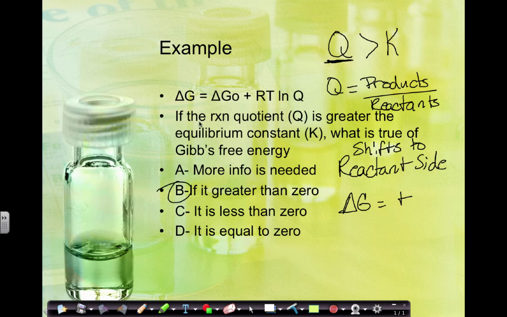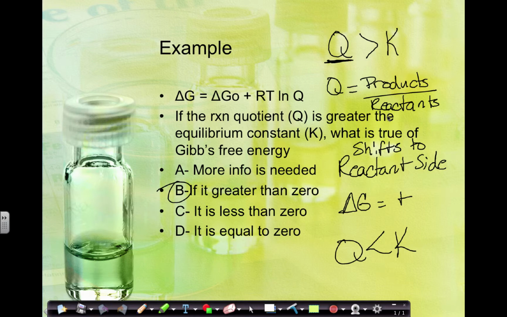Now let's say that the opposite were true. If Q was less than K. Well, if Q is less than K, then that means that this number is too small. So if this number is too small, then that means that the reactants are too large. This bottom number is going to be too large.